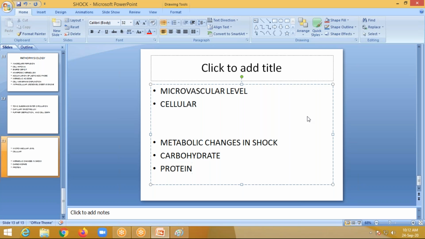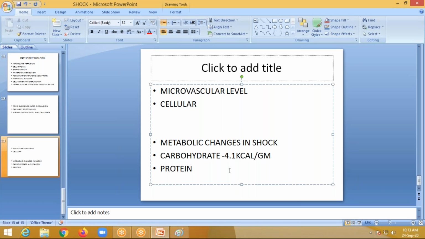Some values are there: carbohydrate will release around 4.1, I guess, or 5, I don't know clearly, kilocalories per gram.